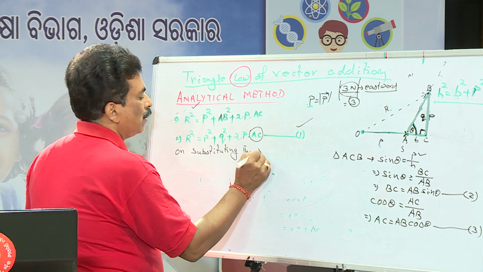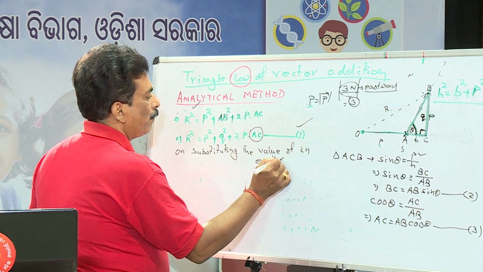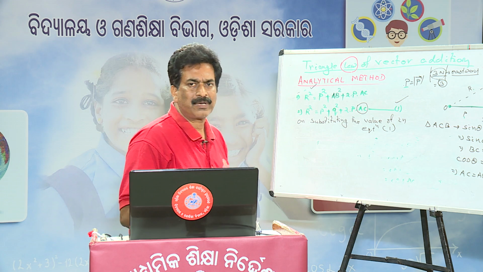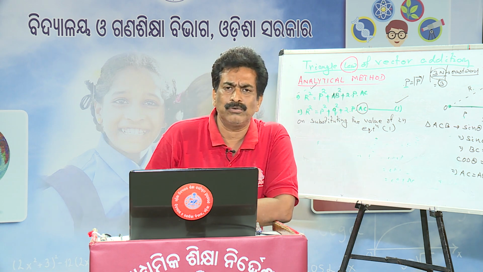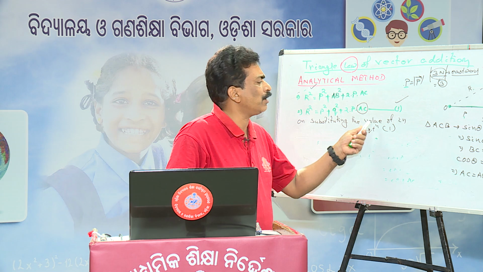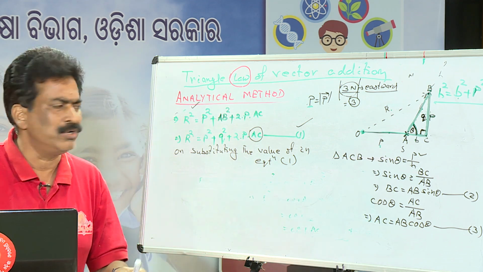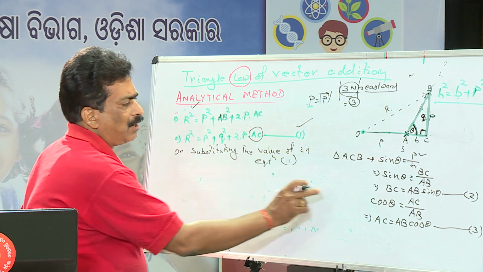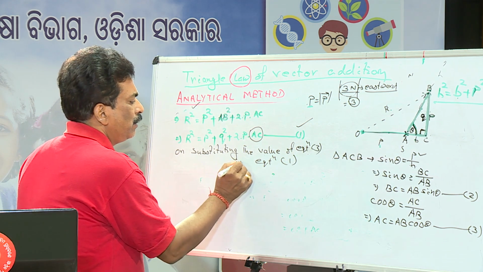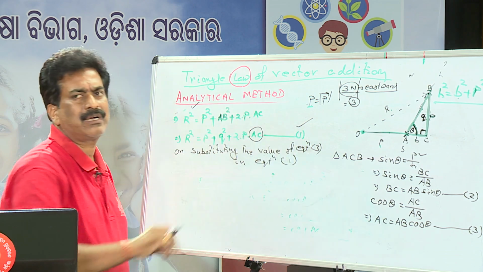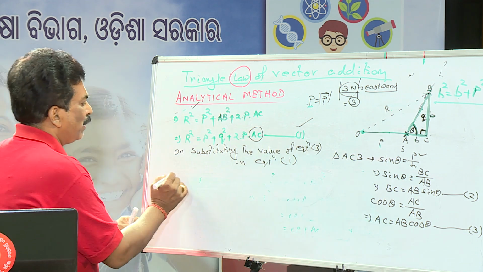So, on substituting the value of equation 3 in equation 1, you take the value from 3 and put it in equation 1, then what will be the result?